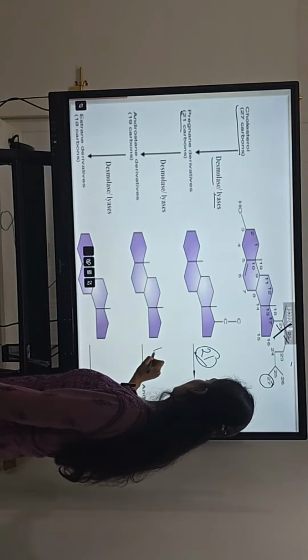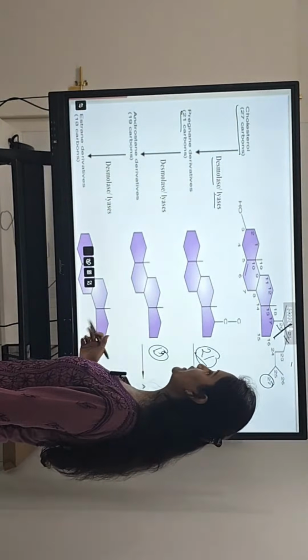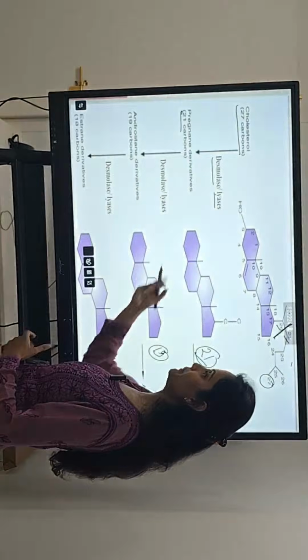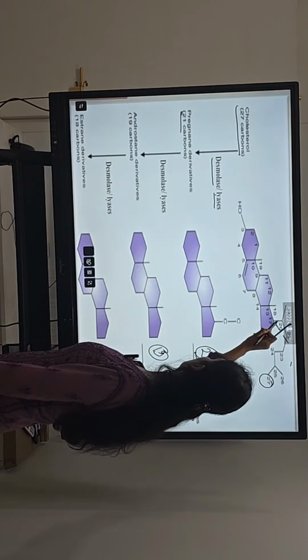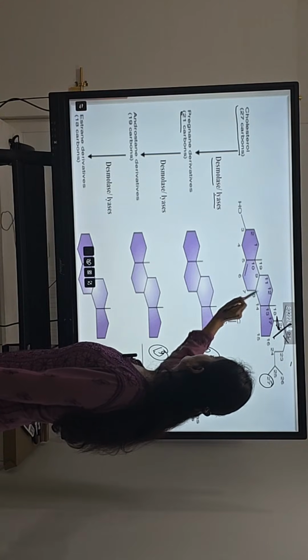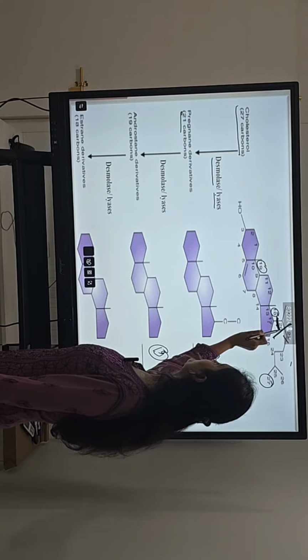Now we have to make a 19 carbon compound. Again, we have to remove some carbons. If we have to remove some carbons, we have to use again this enzyme desmolase. Now, where will we use this desmolase enzyme? Here. Because this is 18, this is 19, this is 17. So we have to remove here.